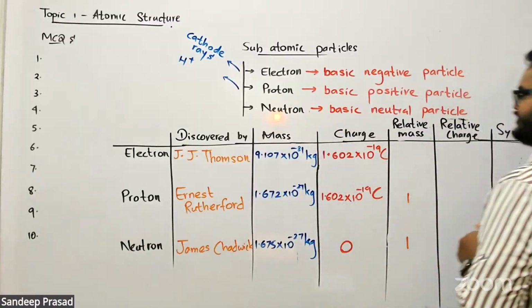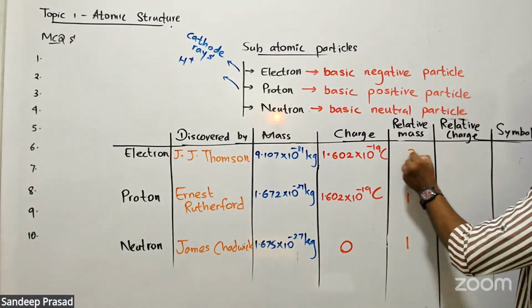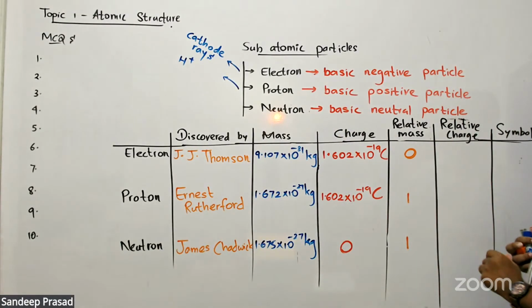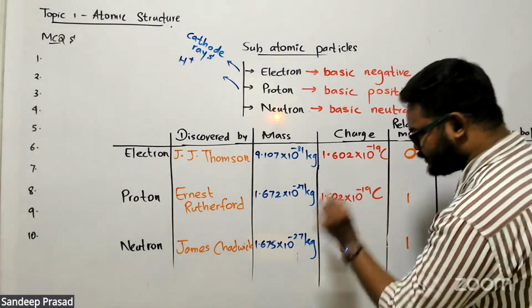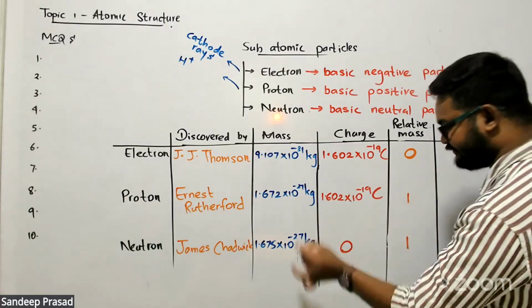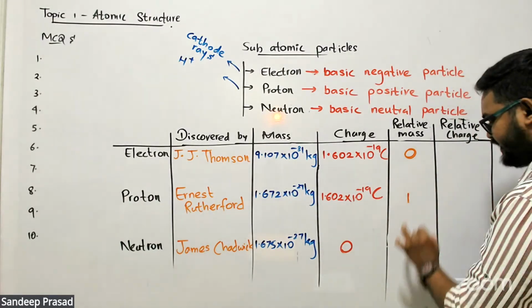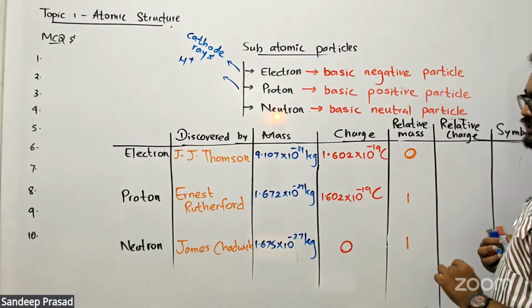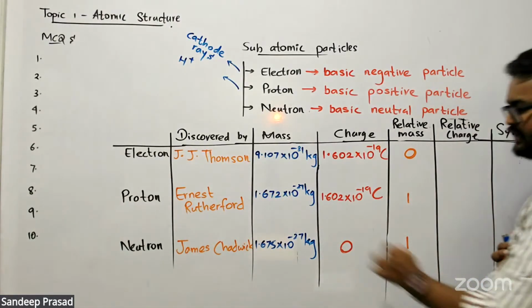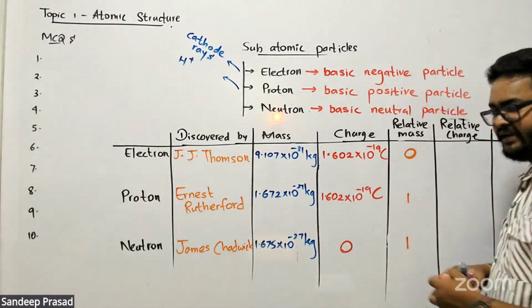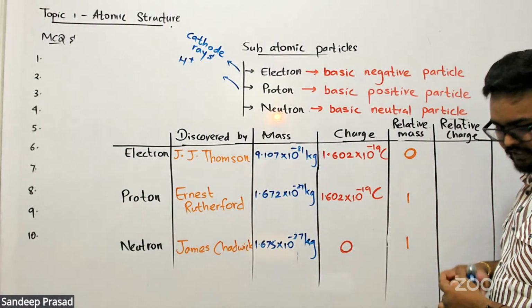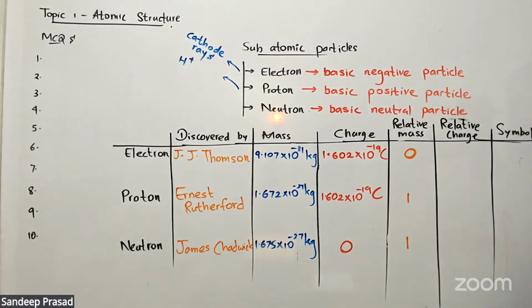So therefore, we consider the relative mass of the electron as 0. Relative mass of a proton is 1. Relative mass of a neutron is 1. Why are we assigning 1 and 1 to the relative masses of proton and neutron? Because they have almost the same masses.